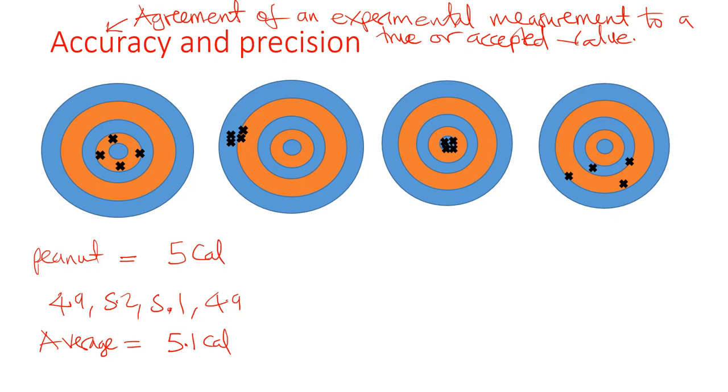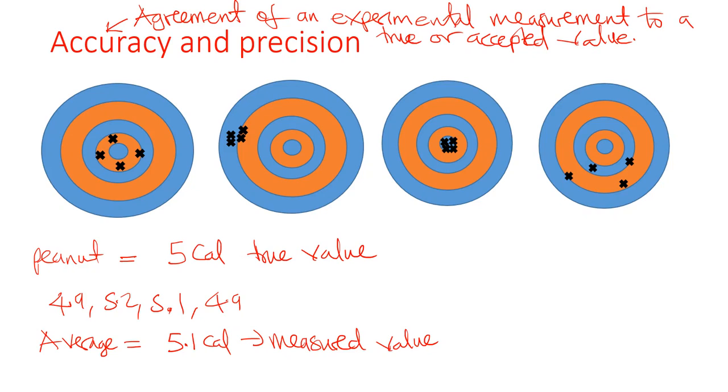So this is the measured value. And then you compare your measured value, 5.1, to the true value, 5 calories.